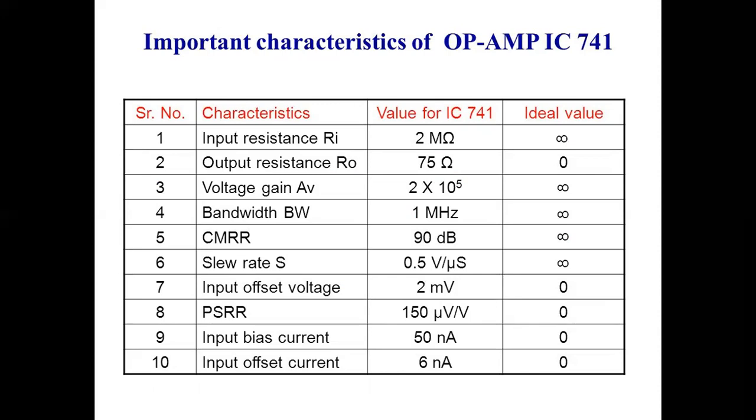Using AC characteristics we can define the bandwidth of the input signal. For example, IC741 defines 10 kilohertz, so if you give above that it will not work. So we must define the bandwidth of the input. Okay, thank you. We'll see you next class.